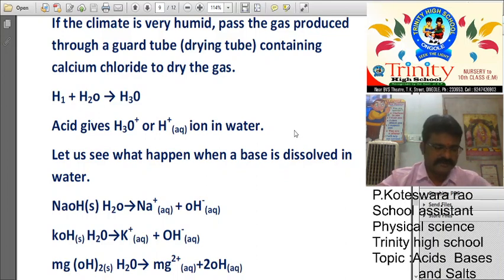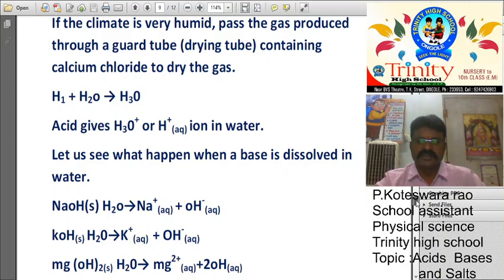So what is the formula of the hydronium ion? H3O plus. How is H3O plus formed? When H plus reacts with water H2O, it produces the H3O plus ion.